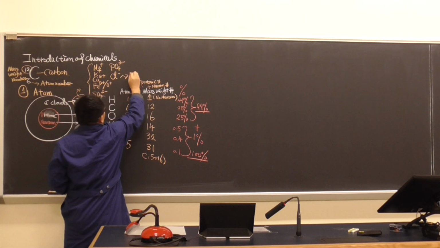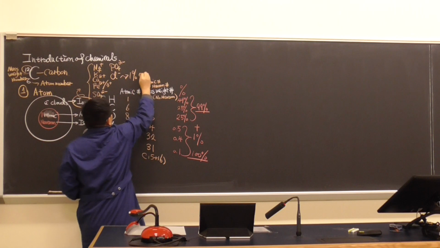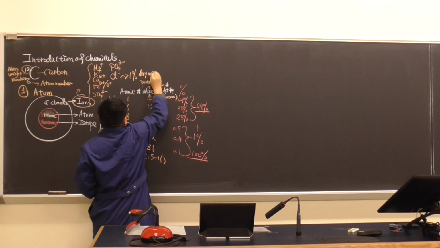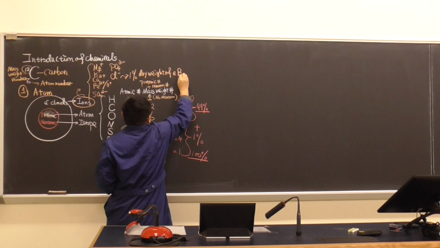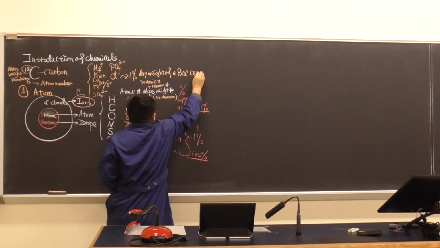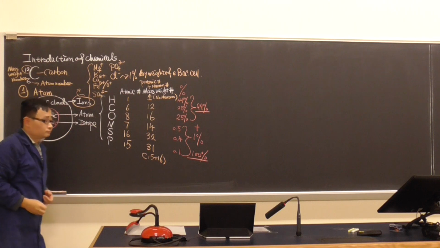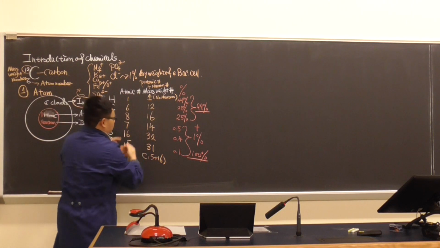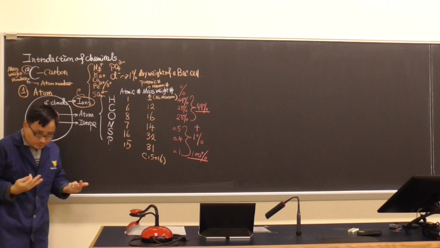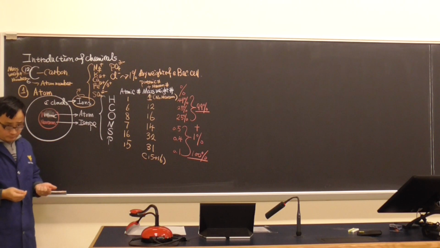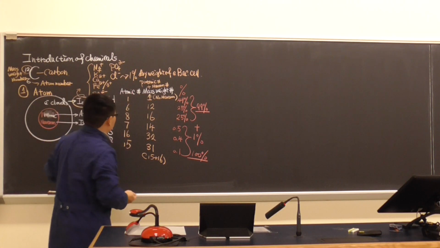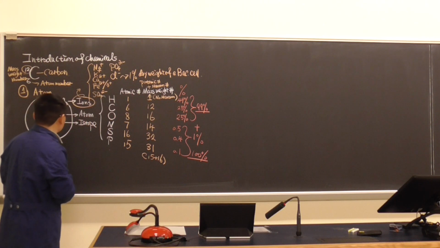These are about 1% of the dry weight of a bacterial cell. Together they compose the major chemicals in a bacterial cell. So that's why I'm telling you these are something we want to go over.